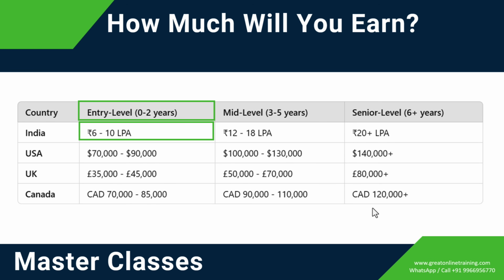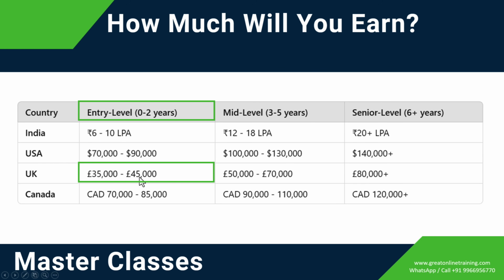The same entry level job in the US is 70,000 to 90,000 US dollars per annum. In the UK, it's 35,000 to 45,000 pounds. Or else 70,000 to 85,000 Canadian dollars in Canada.